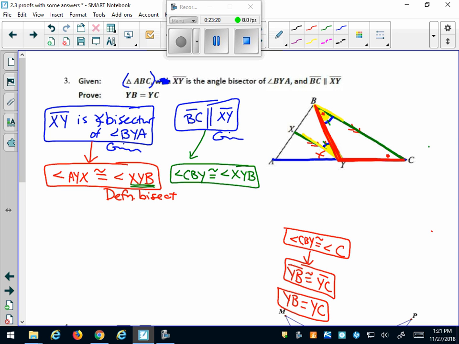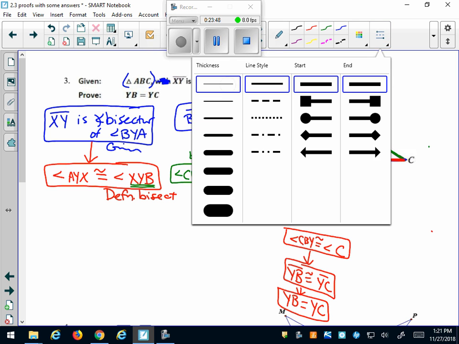So we're trying to get angle CBY congruent to angle C. If we can say CBY is congruent to angle C, then we can say that YB is congruent to YC. What would be the reason there? If the angles are congruent, then the sides are congruent. What's the reason? Converse, yep. Converse of the isosceles triangle theorem, exactly.